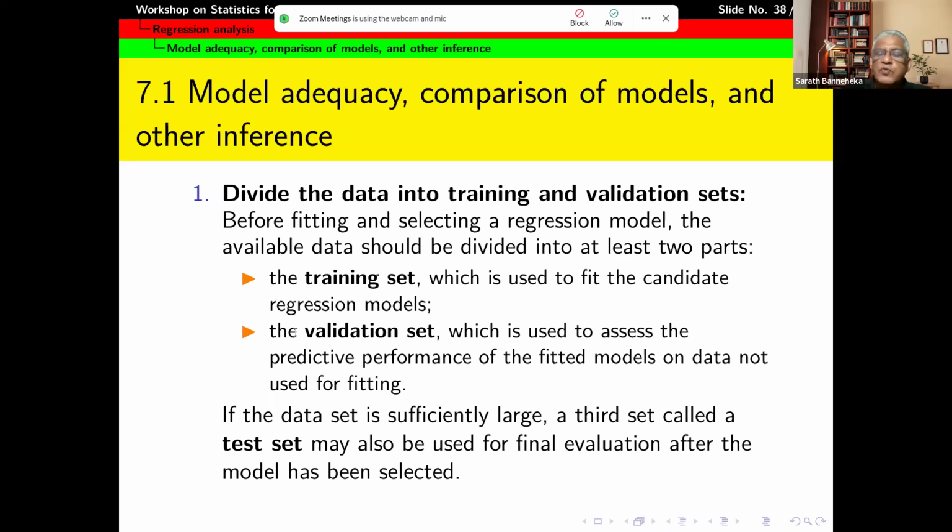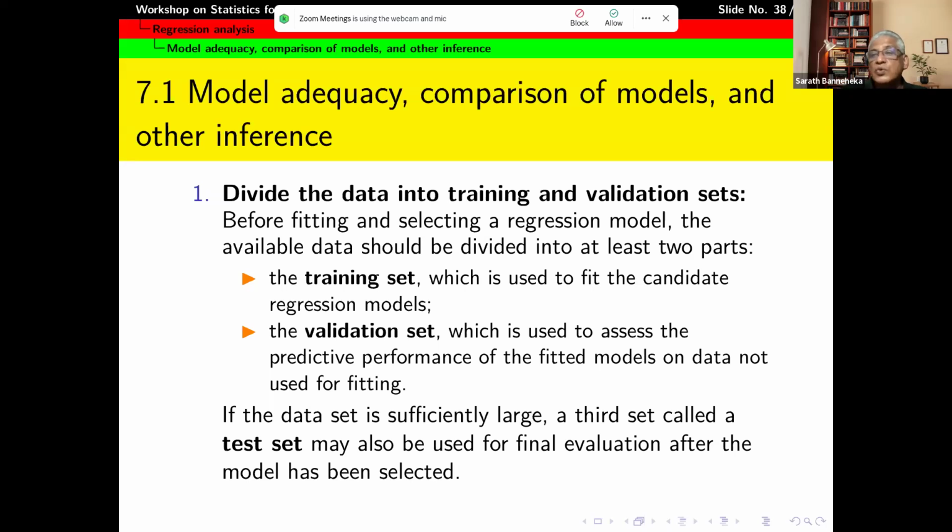And in addition to that, sometimes if you have a sufficiently large data set, a third set called the test set may also be used for final evaluation after the model has been selected. Usually these first two are used to fit the model. Fit not only one, actually. You usually fit several models, and then you apply those models on the validation data set, and from those you select one model out of the previously selected models.